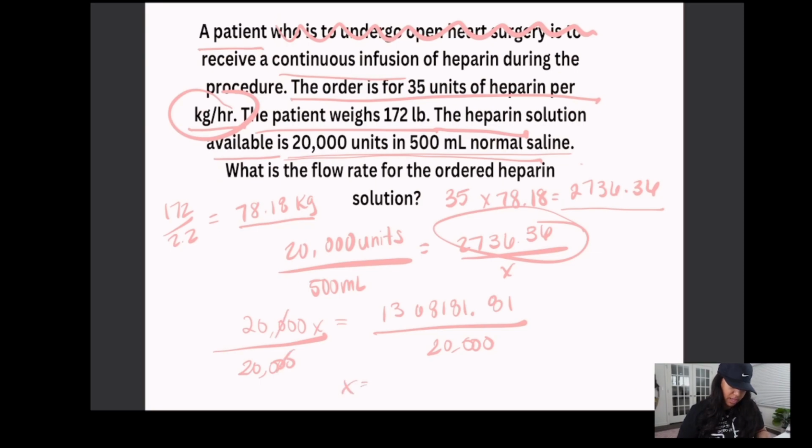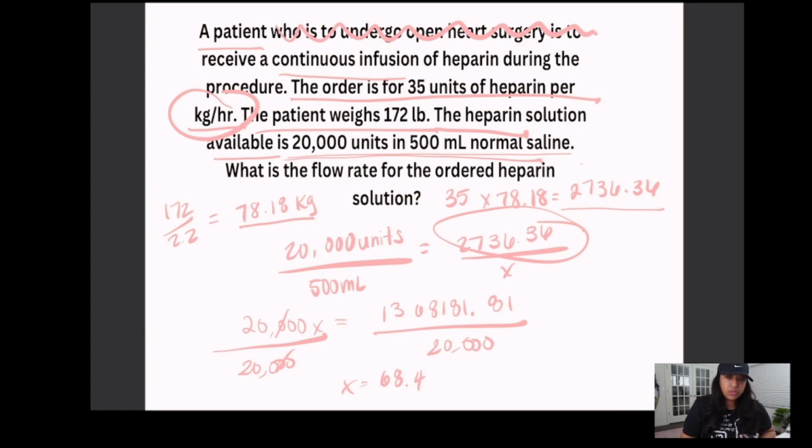And I'm going to put it in my handy dandy calculator. And it's going to equal 68.4. And we know that you can't give a 0.4 milliliter in a pump.